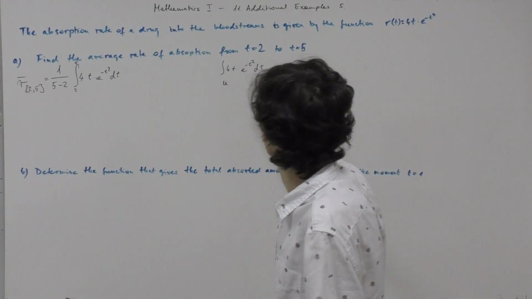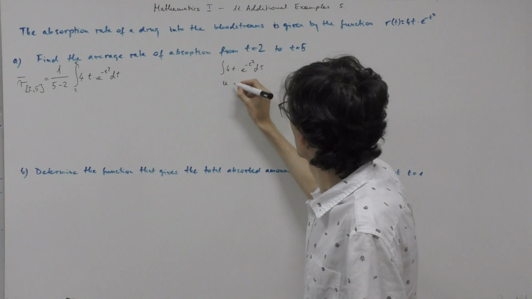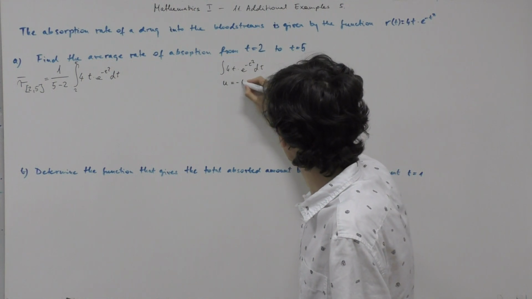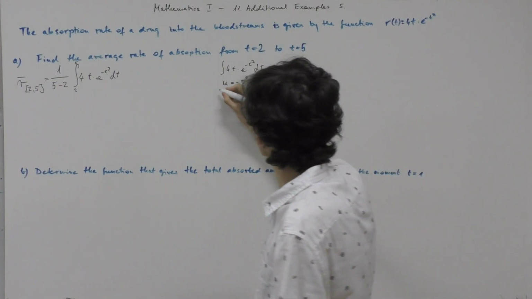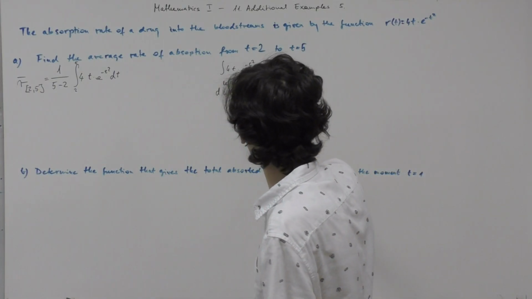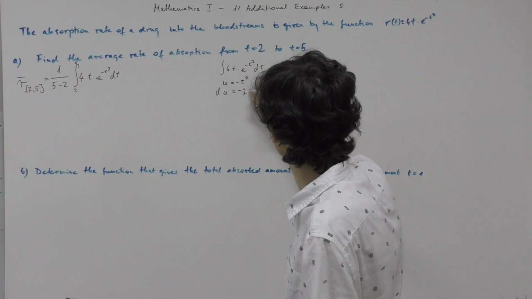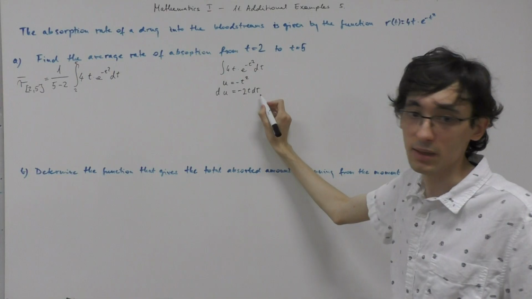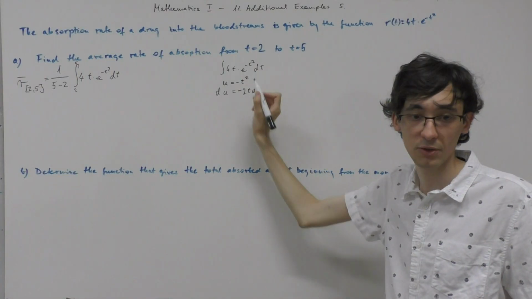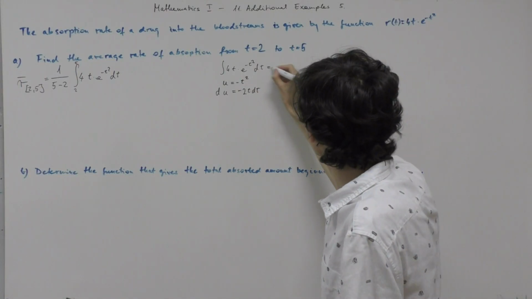So let's denote our inside function by u, so u equals negative t squared, and this gives us du equals negative 2t dt. And we can see a t dt here, so let's rearrange the inside of our integral.